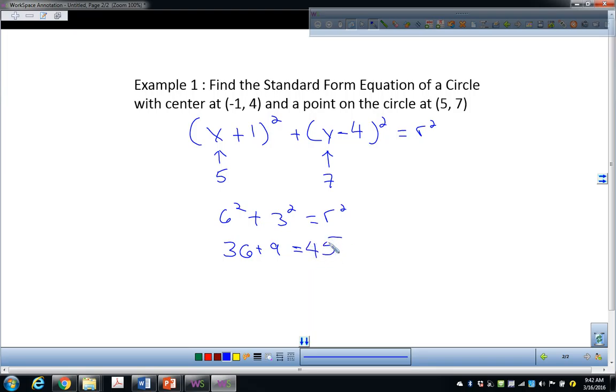And so all you really worry about is r squared. So that goes into the equation. Now I rewrite my equation as x plus 1 squared plus y minus 4 squared equals, this is r squared, right? You don't need to square root it, equals 45. And that would be the equation of that circle.